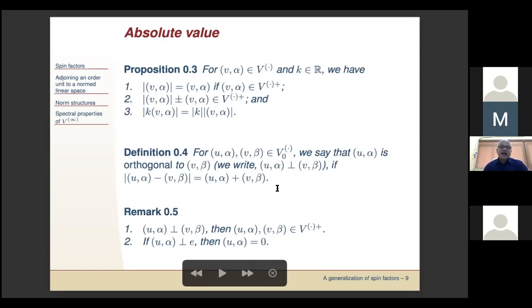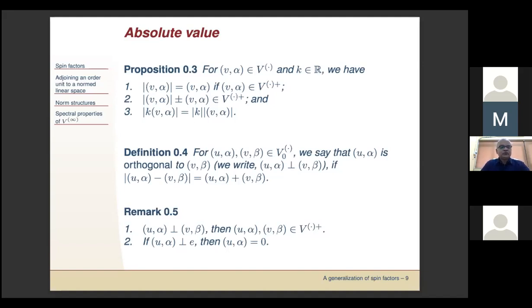That's going to be the backbone of what we'll be discussing very soon. So now take two ordered pairs (U, alpha) and (V, beta), and we say that (U, alpha) is orthogonal to (V, beta), and we write (U, alpha) perp (V, beta), if the modulus of (U, alpha) minus (V, beta) is (U, alpha) plus (V, beta). This is our definition, and this is the standard definition in C-star algebras, and even in vector lattices. So this is kind of a generalization, or this includes both of them.